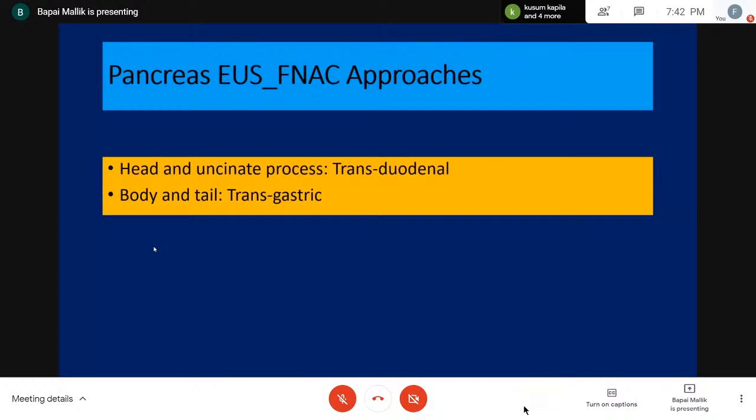That is because when the lesion is approached through the transduodenal route, almost always you're going to get contamination from duodenal epithelium. And if it is obtained from the transgastric route, you are going to get contamination from the gastric epithelium.